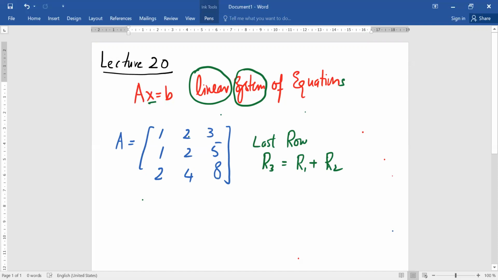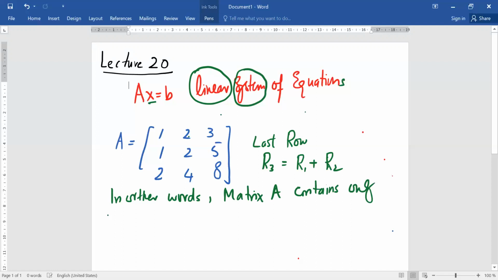So in other words, matrix A contains only 2 independent rows, because the 3rd row I can easily form.